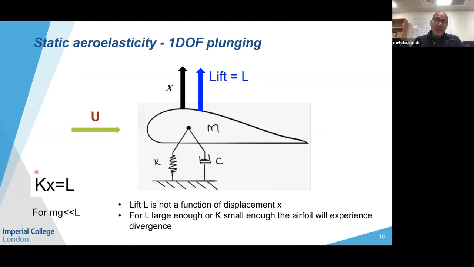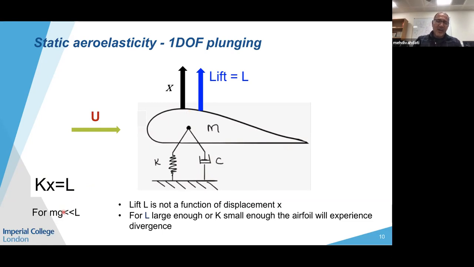And for a plunging motion, the lift is, to first order approximation, not a function of time, it's just a function of velocity. And consequently, you can find the deformed shape of this aerofoil using this simple equation, and you can compute the displacement in terms of L over K, which gives you the new position of the aerofoil.